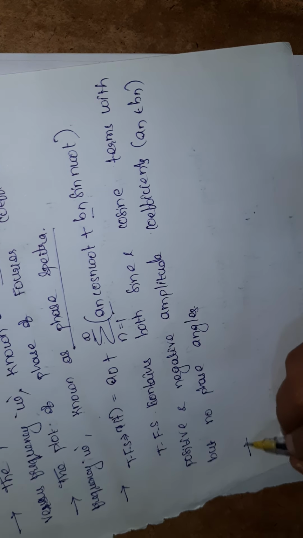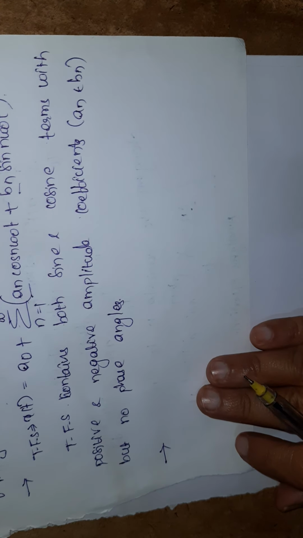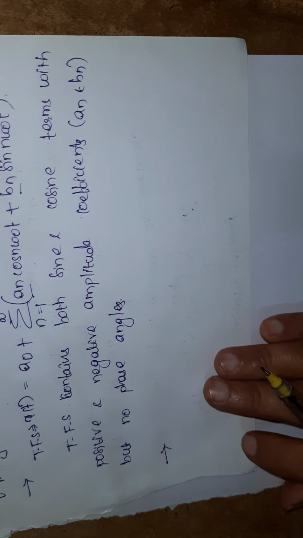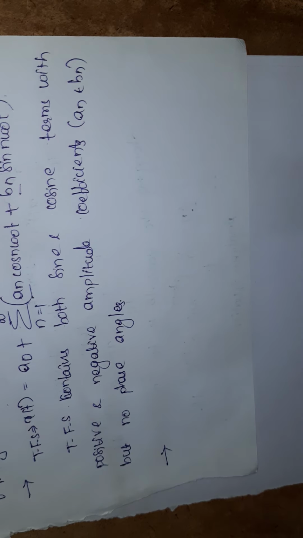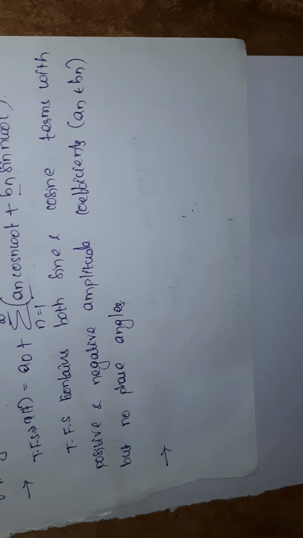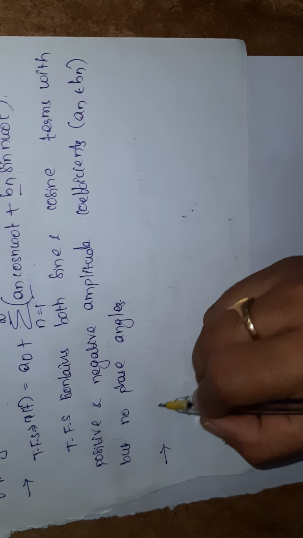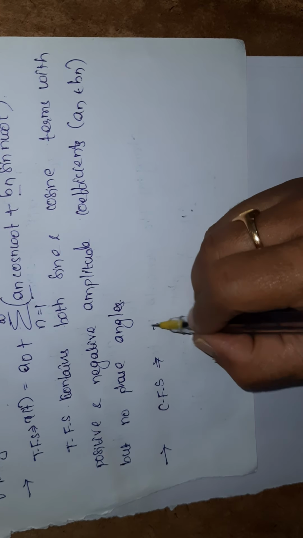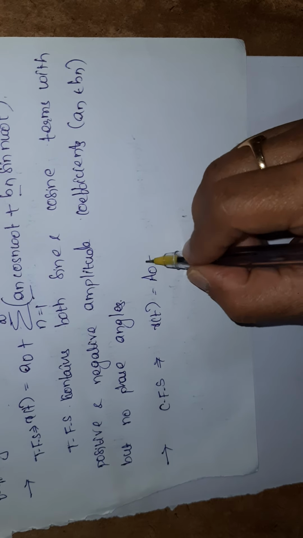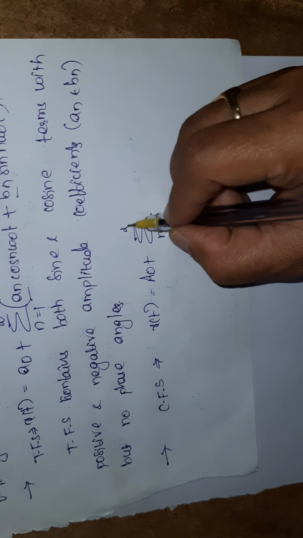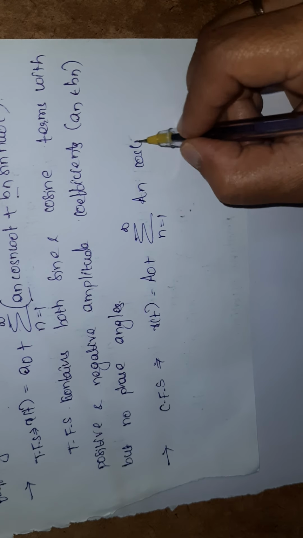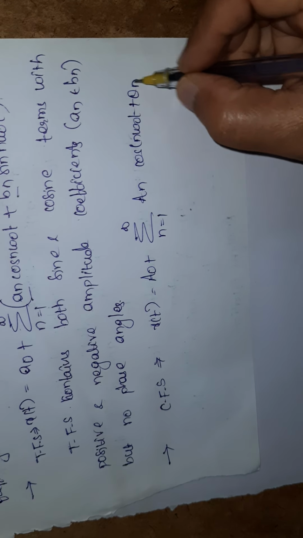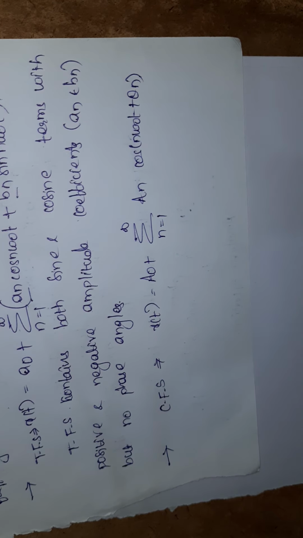This is for TFS. If I consider the cosine form of representation, it contains only positive amplitude coefficients with phase angle theta n. What is the cosine form of Fourier series equation? x of t is equal to a naught plus summation n is equal to 1 to infinity an cos n omega naught t plus theta n.